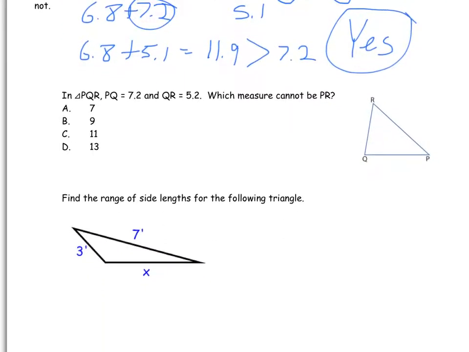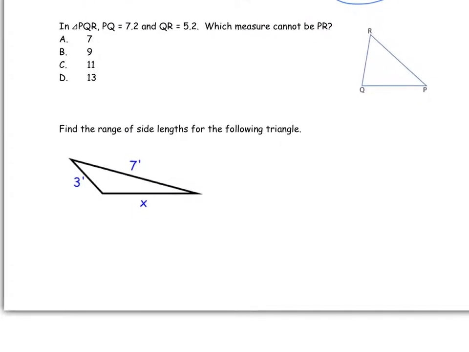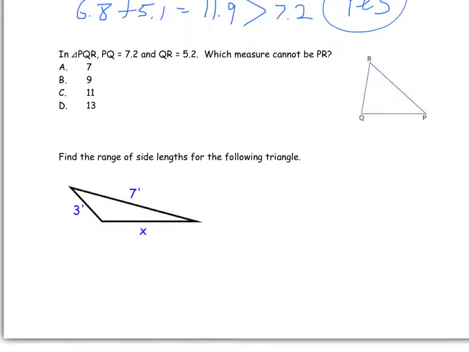Alright, so now here we have a triangle. Which measure cannot be PR? PQ is 7.2, QR is 5.2. We have an x here, which we don't know what it is. But these two have to add up to be bigger than x.